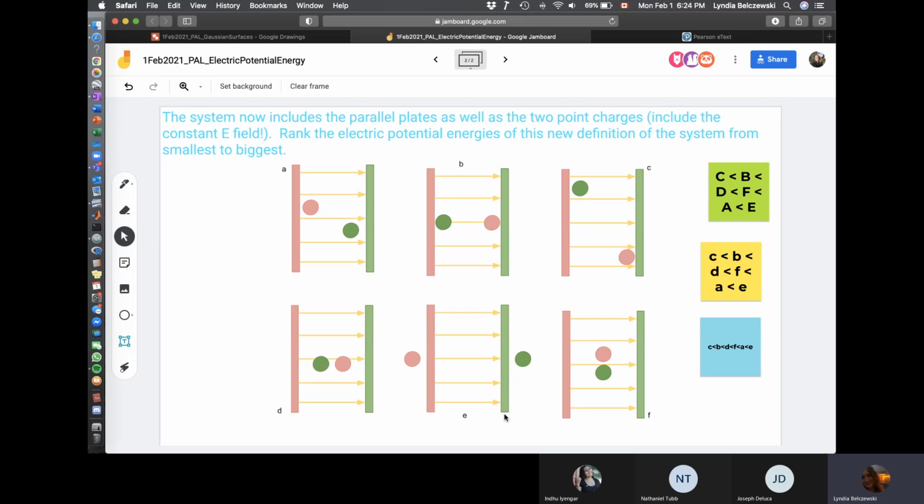Another way you can think about it, I'm not sure how much you've looked at inducing charges. I honestly don't remember how much of that was covered in this class yet. But another way you could think about it is that all of the positive charges in the pink plate are going to be attracted to the green plate. So they're all going to be on the inside of the pink plate.